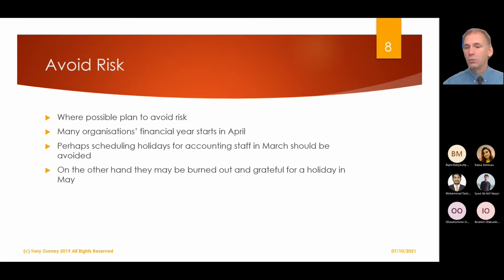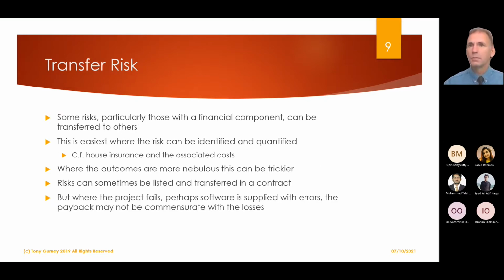If, on the other hand, you do have to take the risk sometime, perhaps you could transfer it. I mentioned earlier that I have insurance in my house because if something happened to my house, I couldn't afford to rebuild it.